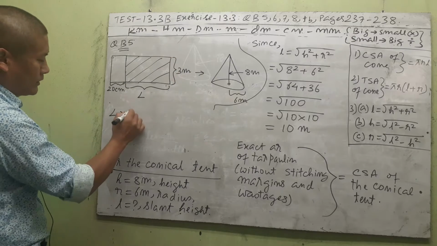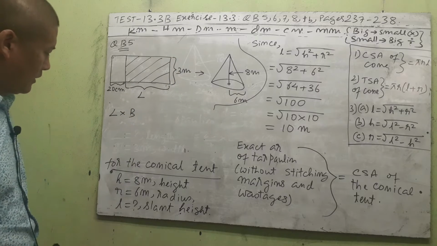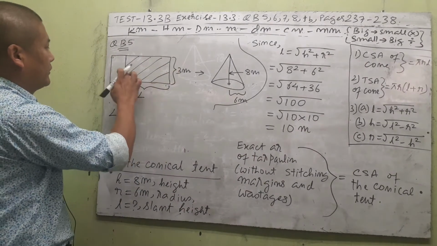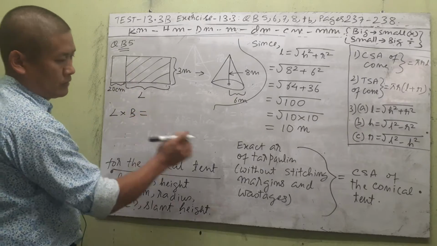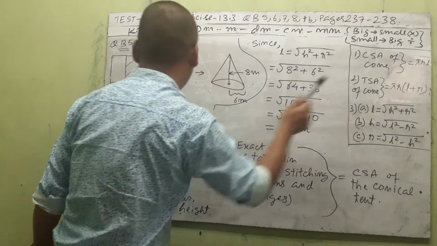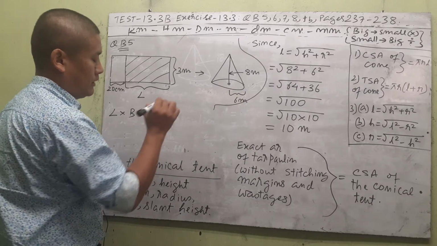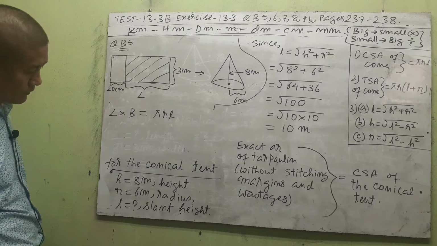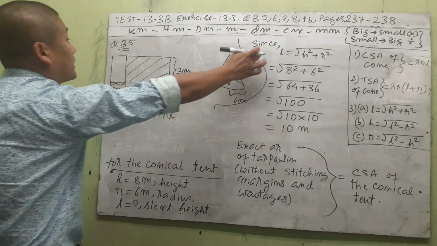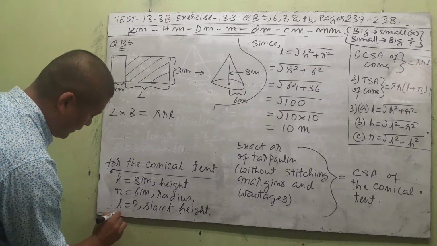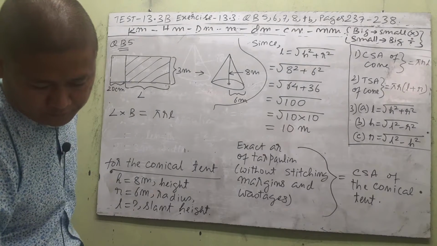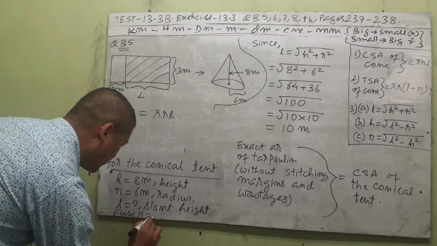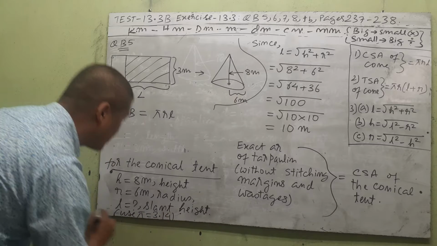So breadth here, width, B. So length into breadth is the area of the tarpaulin exact required without the extra portion, equal to curved surface area of cone, formula there, pi r L. Just before we start here, go back to your notebook. They are saying in question number 5, use pi equal to 3.14.